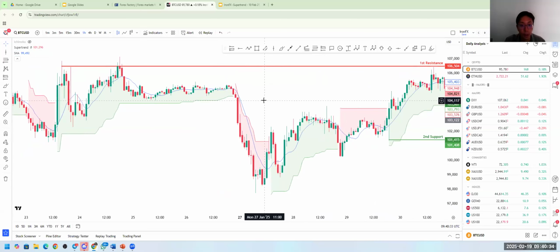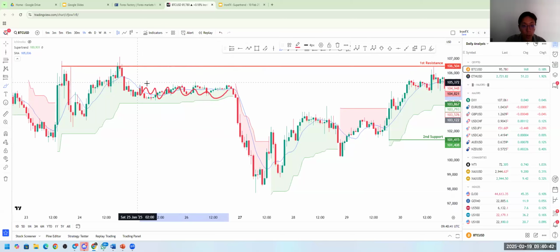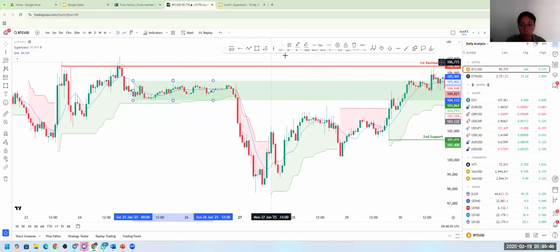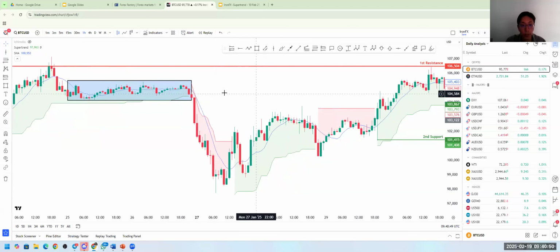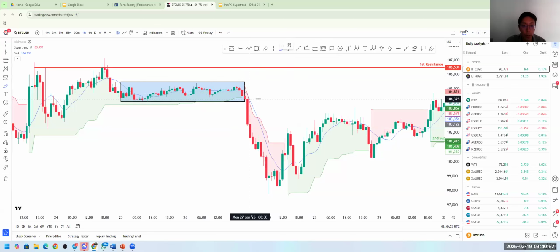Then if I were to show you, you can see right here, this area, we see a consolidation. Of course, we will enter a trade off. But if I mark it out like this, then I see we have a very nice break of this consolidation.